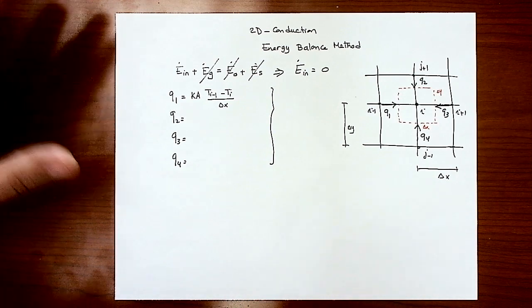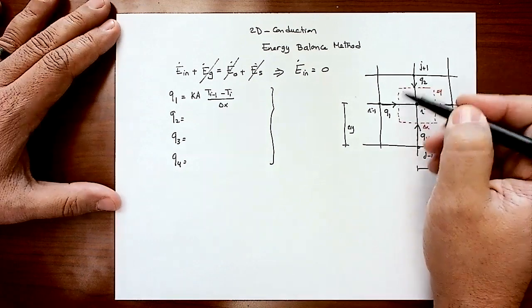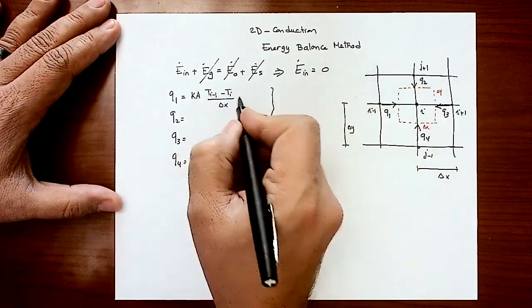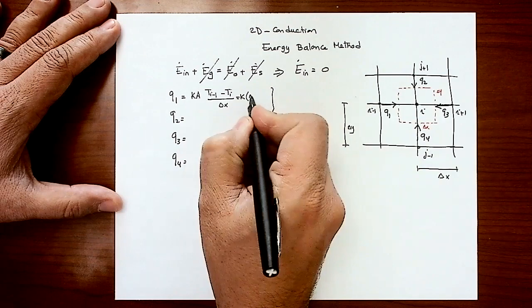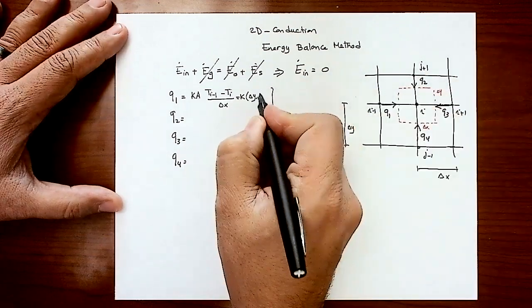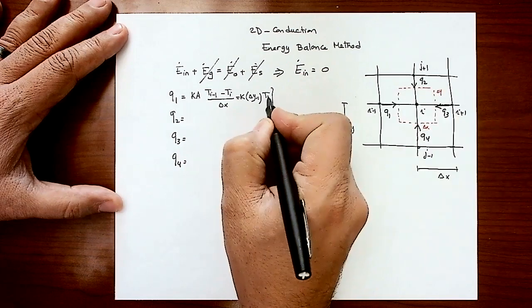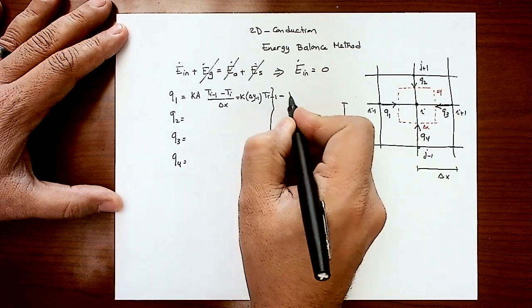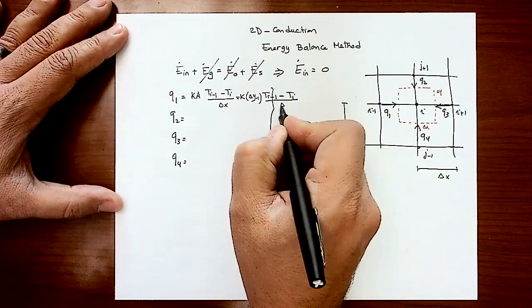So A here is the height, which is delta Y. So that's going to be K delta Y times the depth, which is 1, multiplied by Ti minus 1 minus Ti divided by delta X.